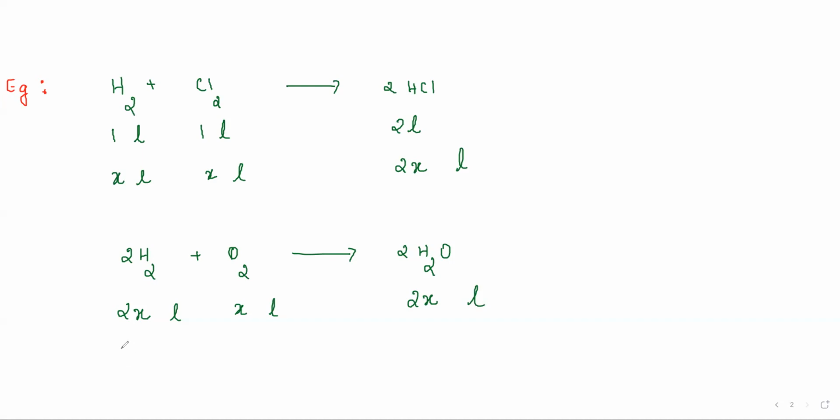Meaning, suppose I have taken 50 milliliters of hydrogen, then I will need 25 milliliters of oxygen and the product will again be 50 milliliters of water vapor, provided you are taking the calculations under similar conditions of temperature and pressure. Now, let's solve some examples.